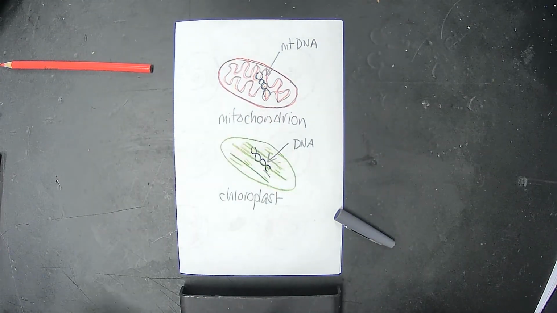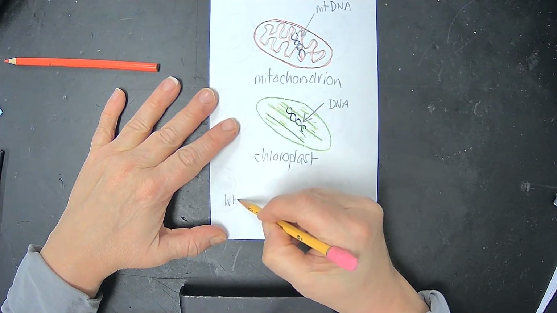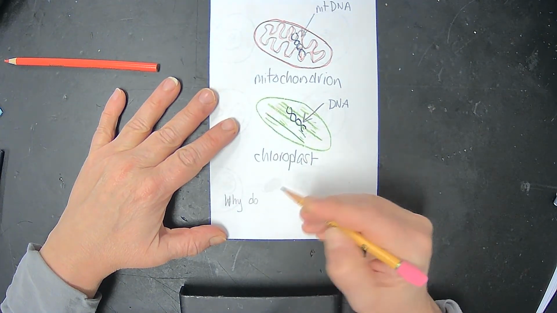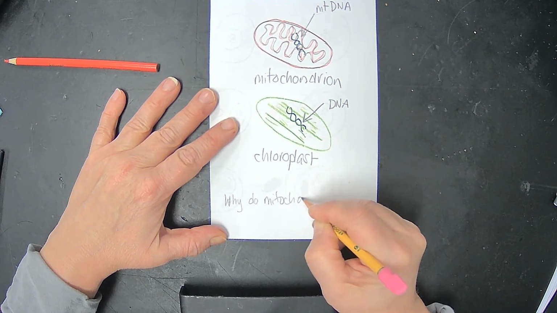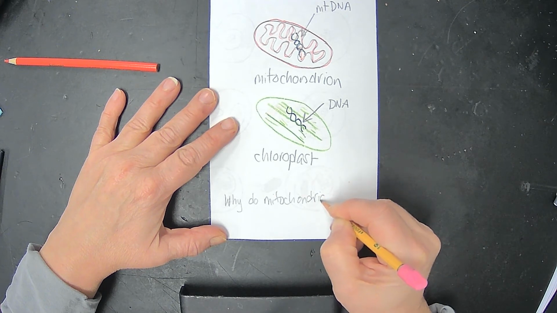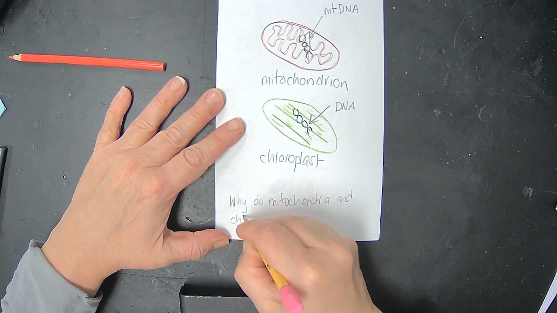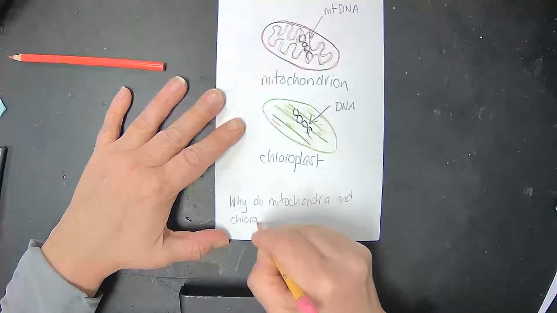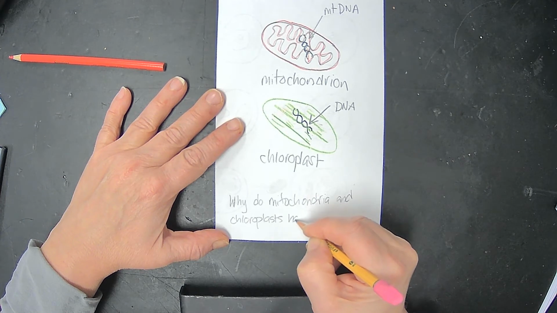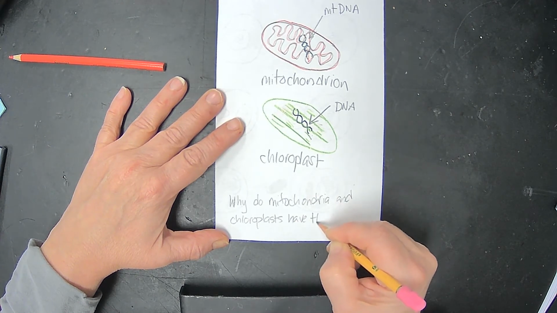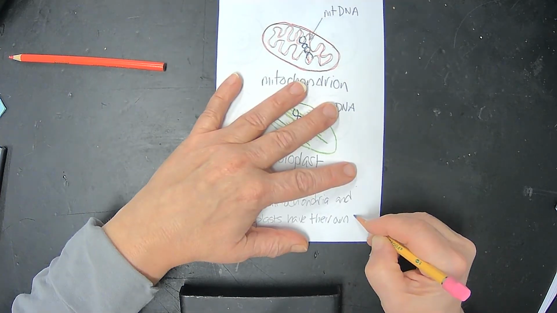So the big question is, okay, why do mitochondria and chloroplasts have their own DNA?